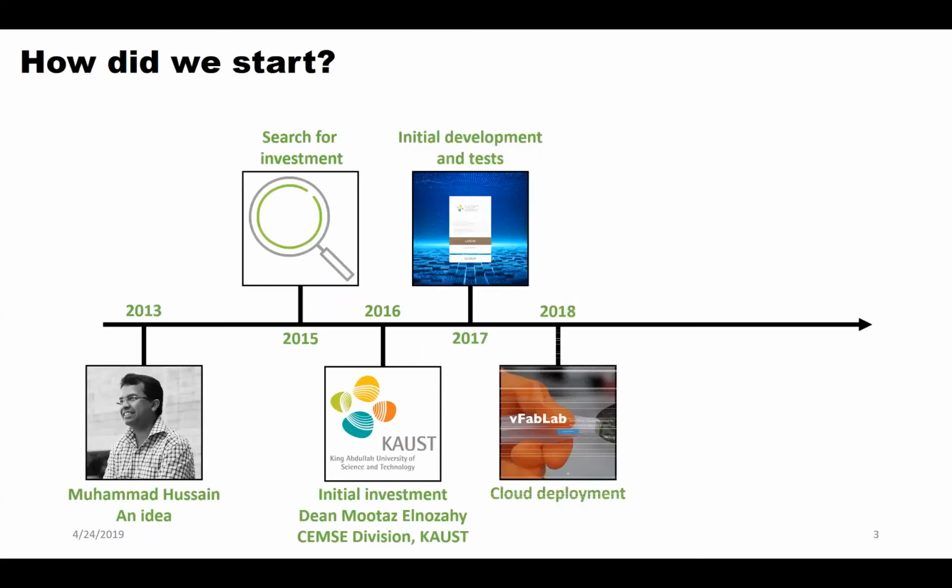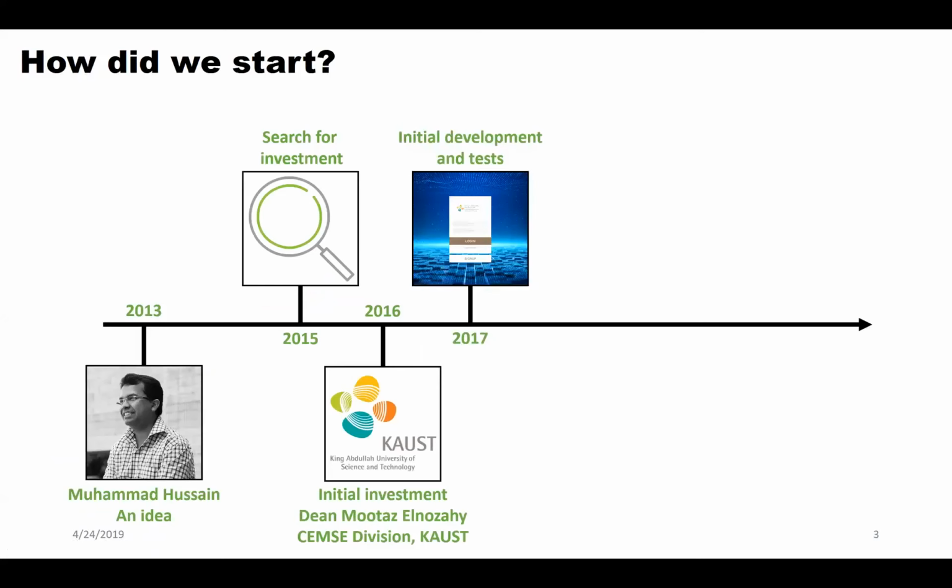Then for initial development and testing, we went through potential development groups, and after searching, we went through a selection process, and back in 2017 we started working together to gather the data, exchange them, and get the initial development and tests done.